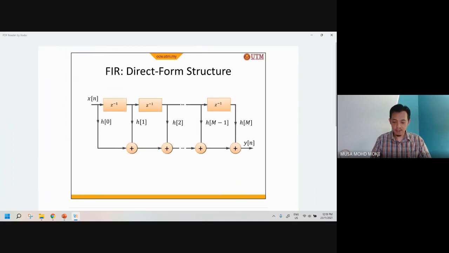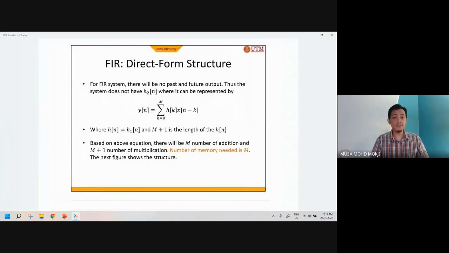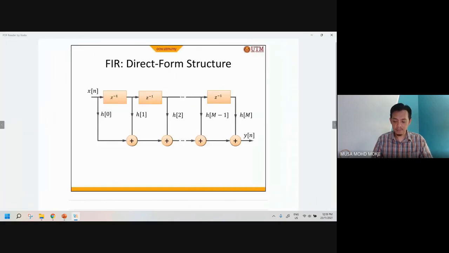So let's see the first structure. The first structure is actually very direct. Even the name is direct form. So this is actually what you do. This is the xn, and then you have your multiplier here for the first value of your impulse response.